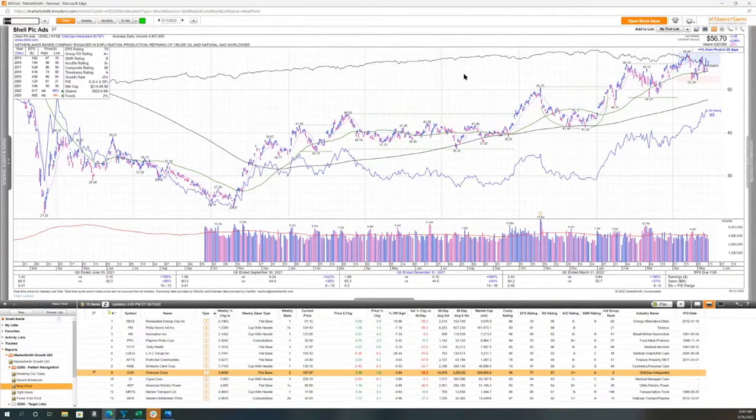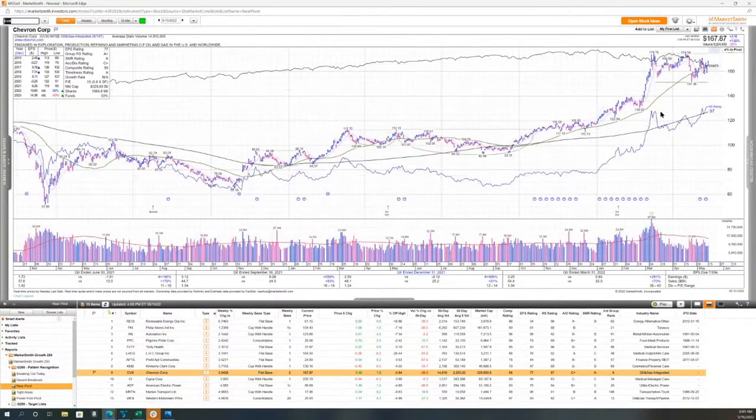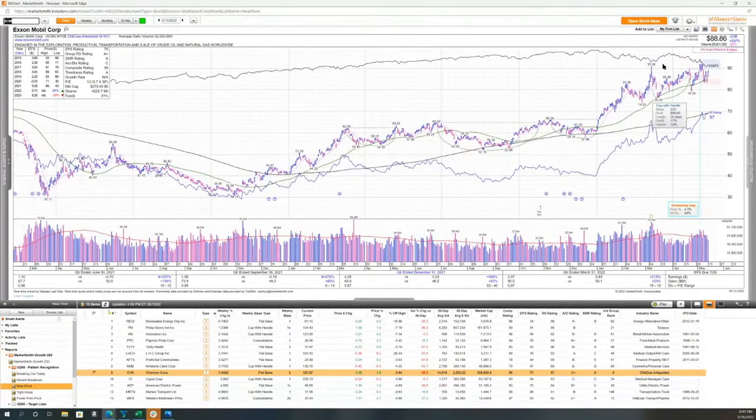Let's look at Chevron. Chevron, see Chevron right here? The relative strength of Chevron made a new high last week versus the high back here. Price has not done that yet. Price probably does it this week. Exxon, same story on Exxon.